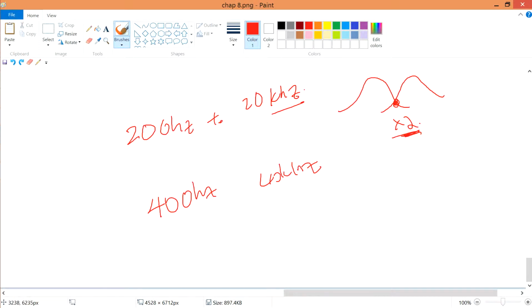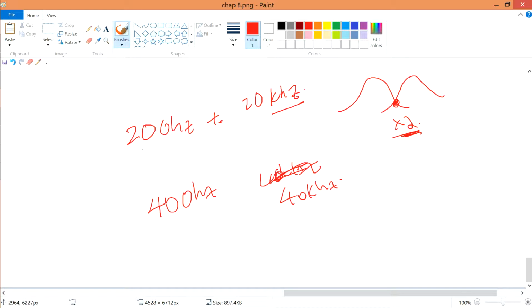Anyway, if you have 20 Hz to 20 kilohertz, this is the human range of hearing. If you want to sample the human voice, you require 40 kilohertz.